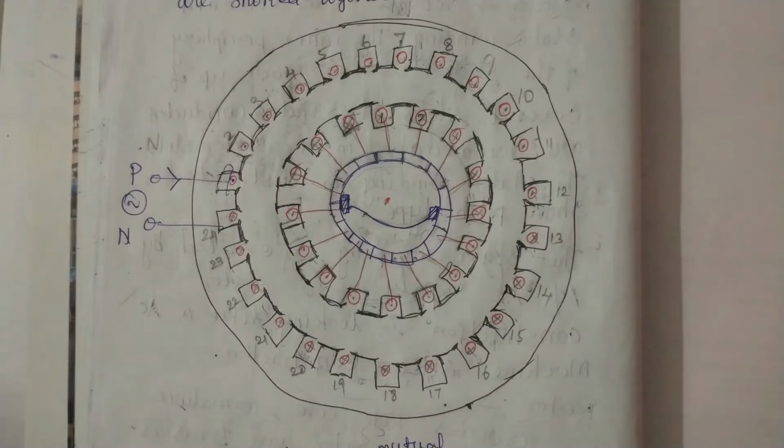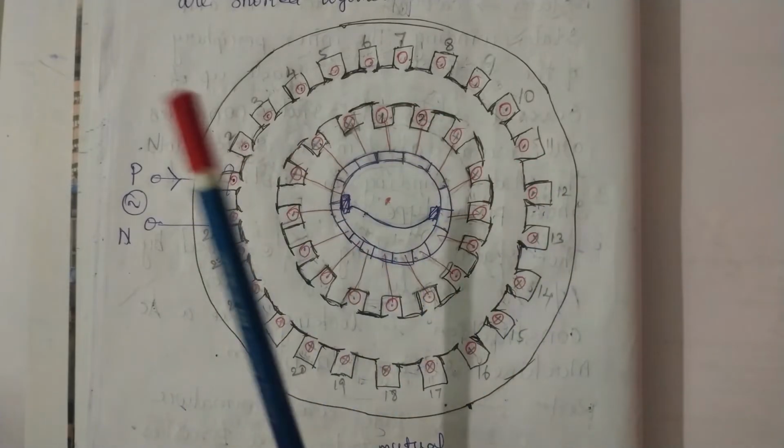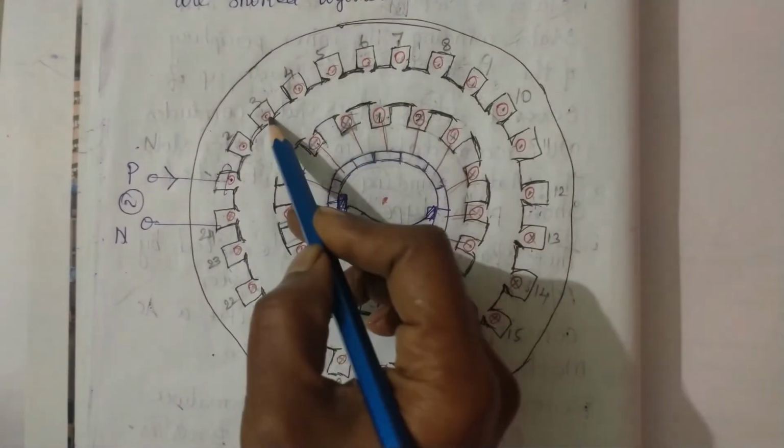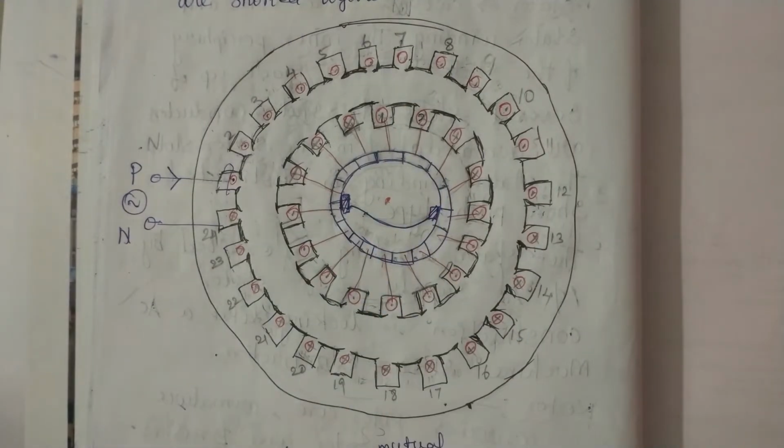To understand the working operation of the repulsion motor, in this diagram I have marked dot and cross symbols. Already we know that current coming out of the conductor is represented as a dot symbol, and current entering the conductor is represented as a cross symbol.